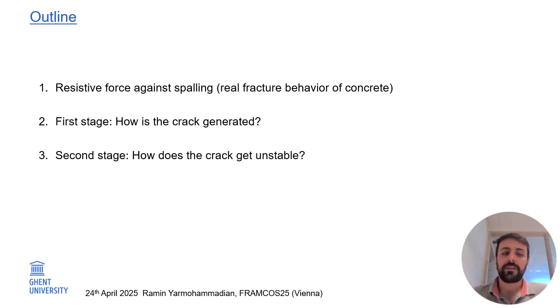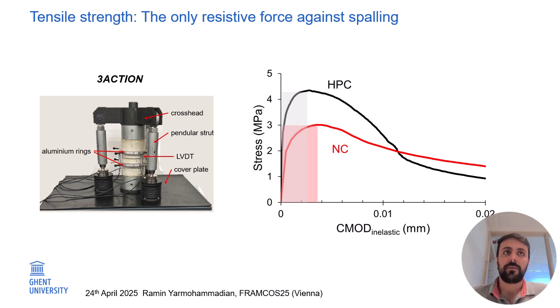For the resisting force in spalling, I would say the only resisting force against spalling is the fracture behavior of concrete. How do we get it? I presented a new test setup in which you can characterize the fracture behavior of your concrete using new direct tensile tests, which cancel out the secondary bending inside the concrete.